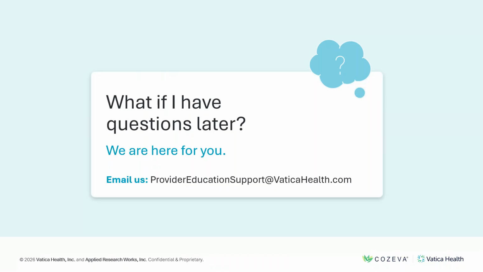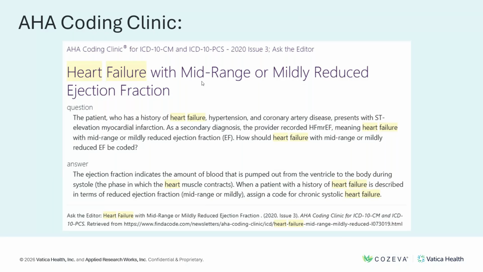Okay, so the first question is, why did we assume the acuity of chronic if it wasn't documented? There actually is a coding clinic. Here it is. That heart failure with a mid-ranged or mildly reduced ejection fraction is to be assigned the code chronic systolic heart failure.